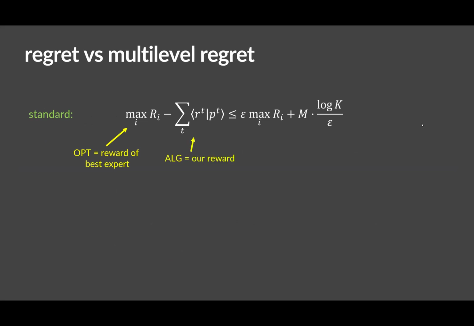Ignore what the notation is. Opt minus my performance, opt is more than my performance. And how much is it? This is the regret. The regret is epsilon times opt plus an analytic term, log of the number of experts divided by epsilon, times the scale of the problem, the maximum per step reward that an expert can get. Okay. This is your standard experts analysis that you will see in everything.